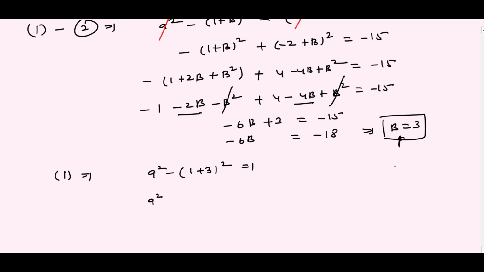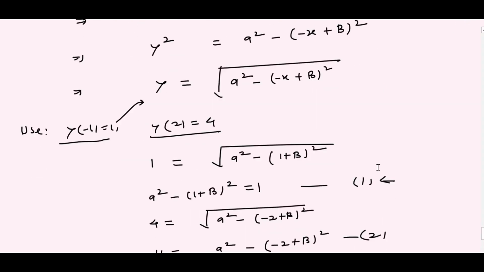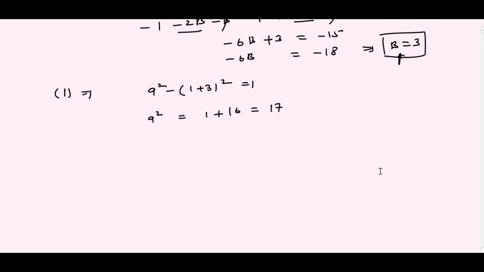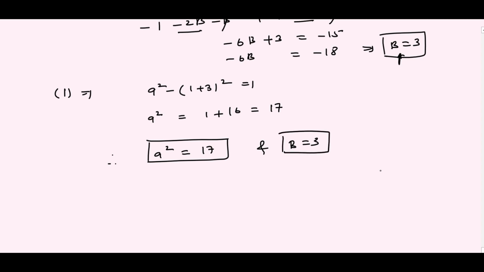So that is value of a square is equal to 1 plus 16. It will give, that is 17. So now put the value of a square and value of b is equal to 3 in the given extremal.